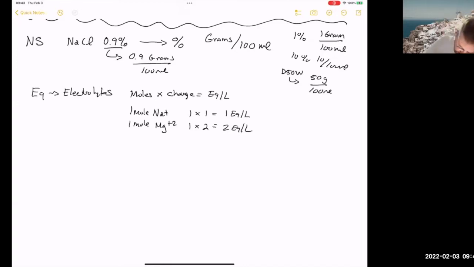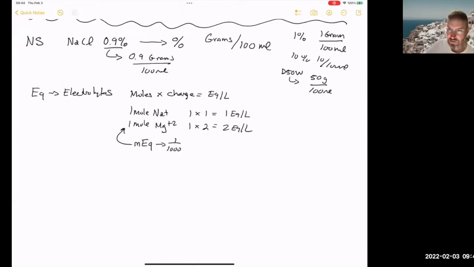Now, what we can do here is instead of talking about just moles or just equivalents, I can talk about something called an MEQ, a milliequivalent. A milliequivalent is just 1/1000th of an equivalent, okay?